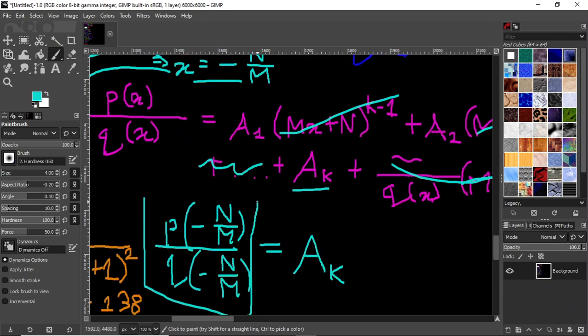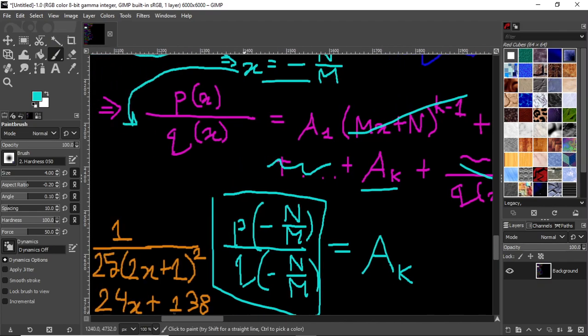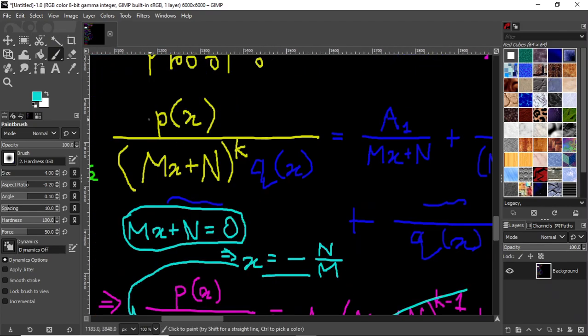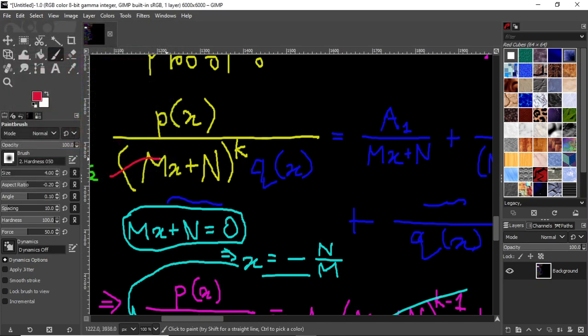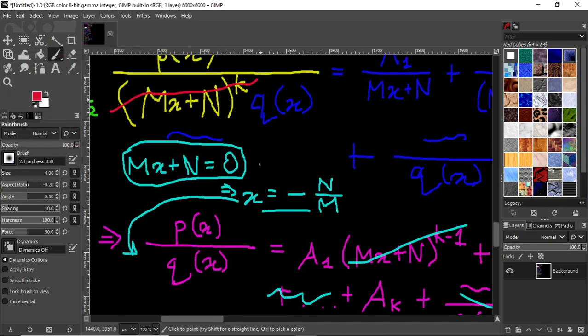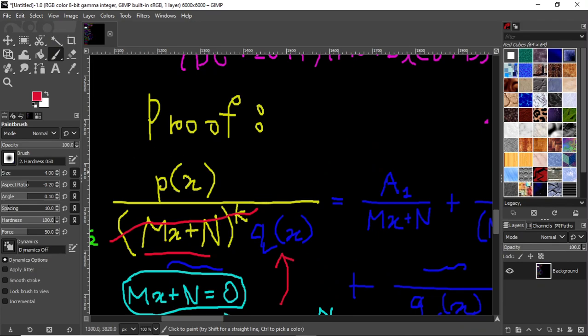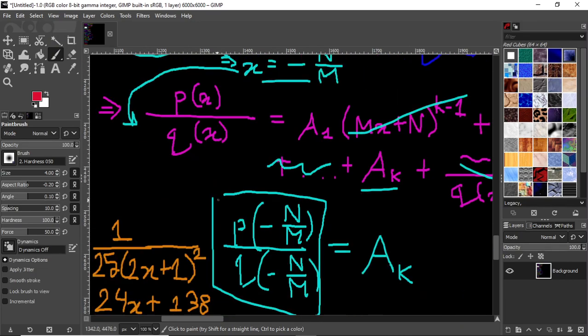And what is this basically? This is what you get when you go back to the original fraction, ignore this part, and just substitute the value of x that makes mx plus n zero into this fraction. So that's our proof.